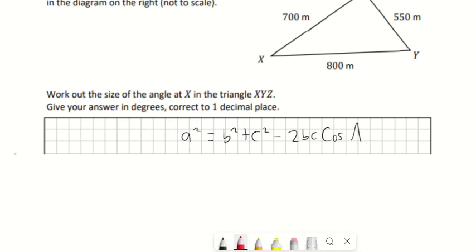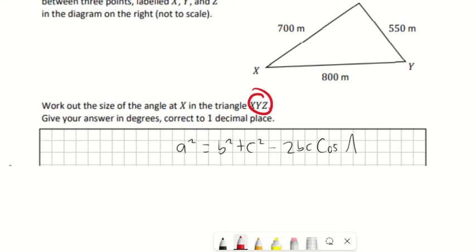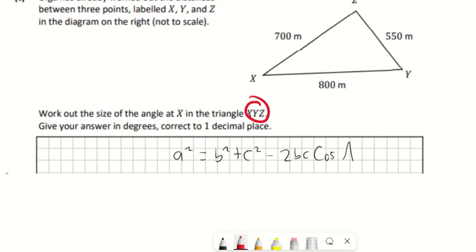So we're looking for the angle XYZ here. So XYZ, it goes from X to Y to Z. So X to Y to Z gives you this angle here. So this is what we're looking for. So we'll just call it Y maybe.